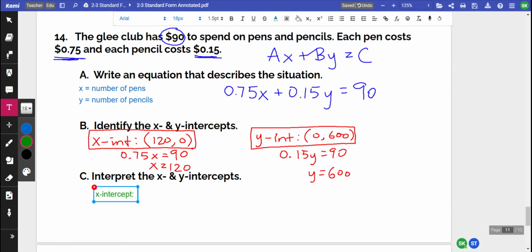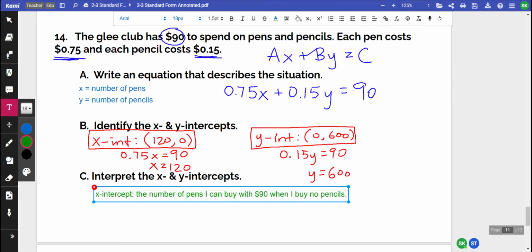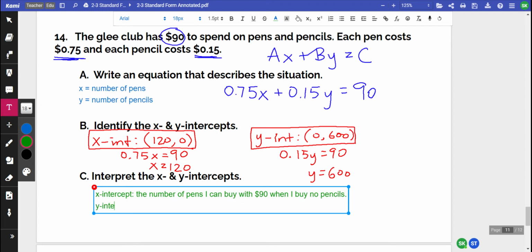So the x-intercept represents the number of pens I can buy with $90 when I buy no pencils. That means our y-intercept is something similar. Since we have the point 0, 600, that means the y-intercept represents the number of pencils I can buy with $90 when I buy no pens.